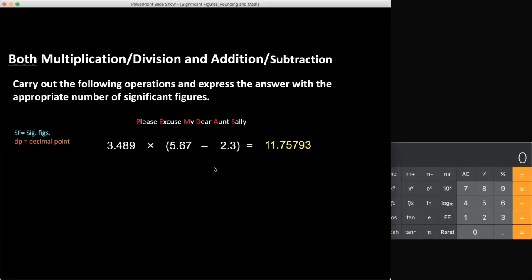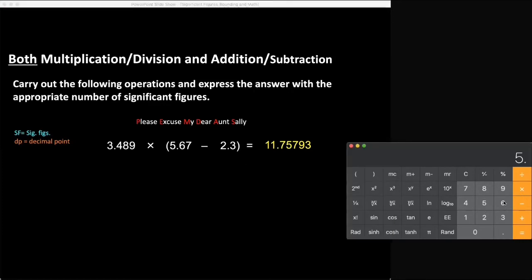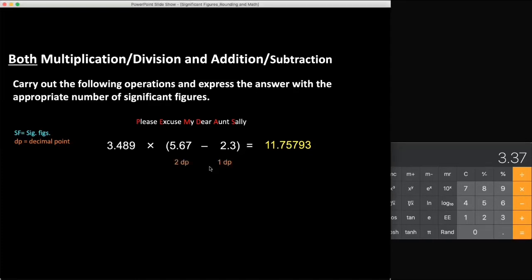So now I'm going to start in the parentheses. 5.67 minus 2.3. Write that down. 3.37.